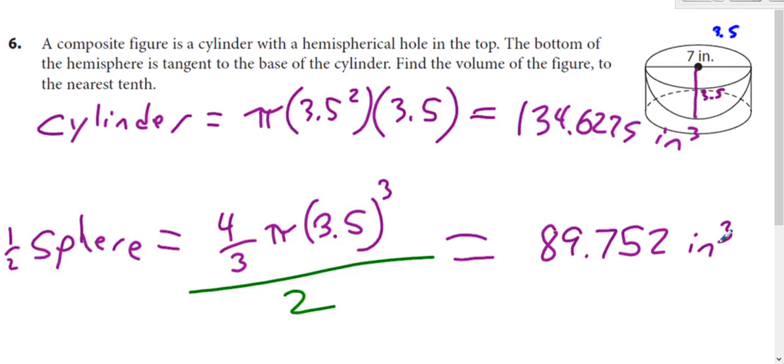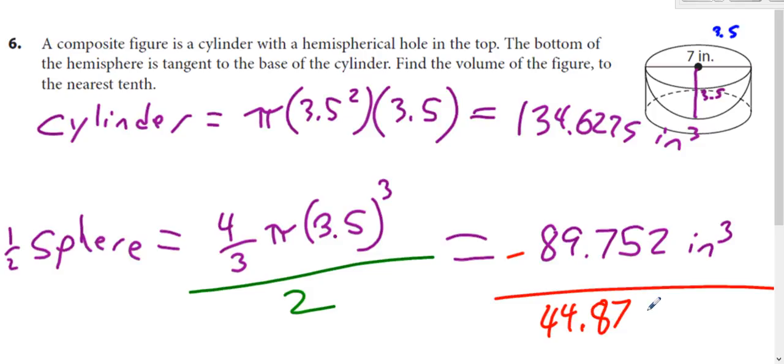And we are subtracting because the hemisphere is cut out of the cylinder, so we subtract that. So 44.876, to the nearest tenth. So let's change our rounding here. That would round up to 44.9.